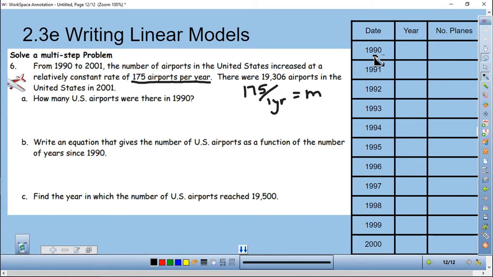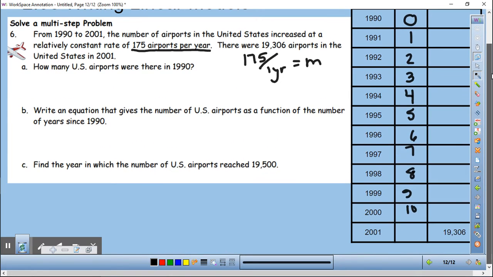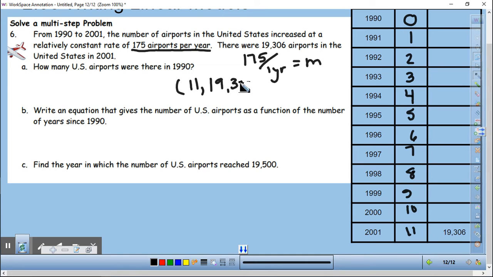Consider that 1990, when we started, was year 0. 91 is year 1, and so on down the line, 8, 9, 10, and then our last one is 11. And so from here, I can see I have the point 11, 19,306.